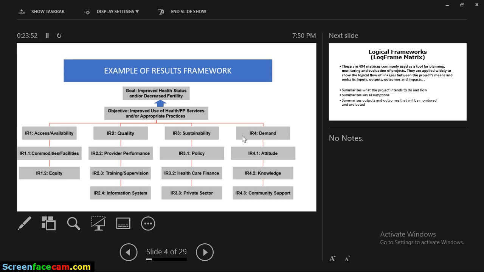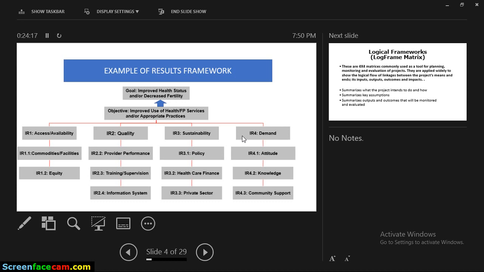Someone can go into the clinic and they'll be able to get contraceptives at any point, at any time, because that particular service is available to them. It can be sustained, isn't it? So everything is pointing to improved use of health and family planning services. Then we can go to the second bullet in the middle there.